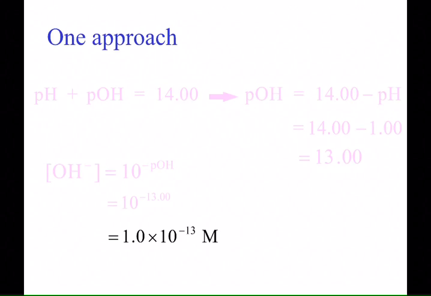I'm remembering now my slides. I think now I do the other approach. Once we have the hydrogen ion concentration, we could go for the hydroxide ion concentration, recognizing that multiplied by each other, they have to be equal to Kw, which with just 2 sig figs is 1.0 times 10 to the minus 14.